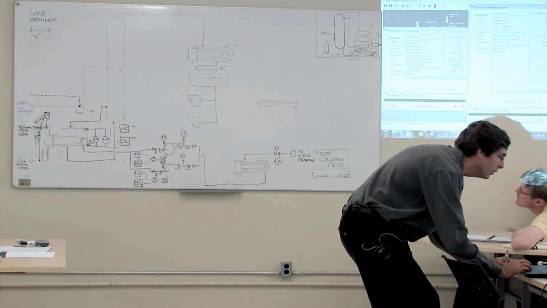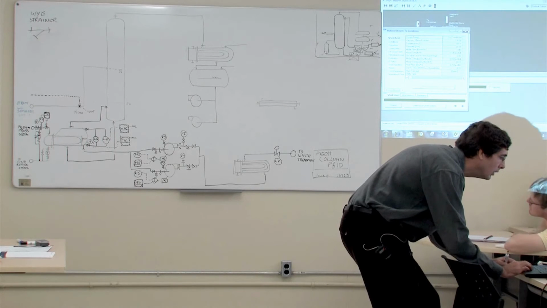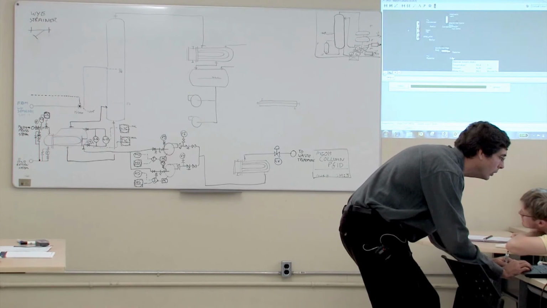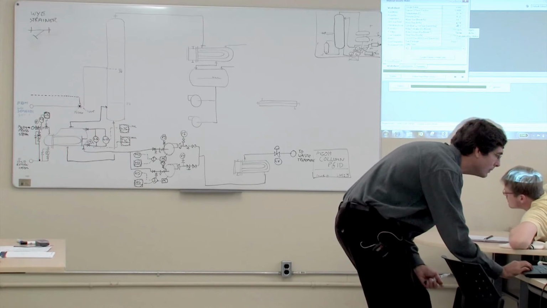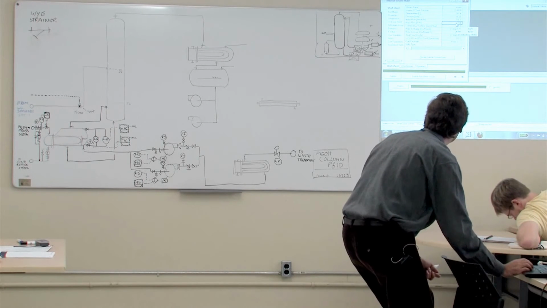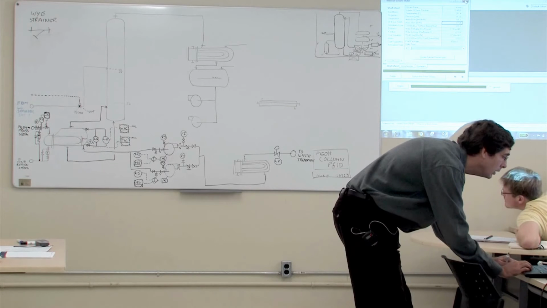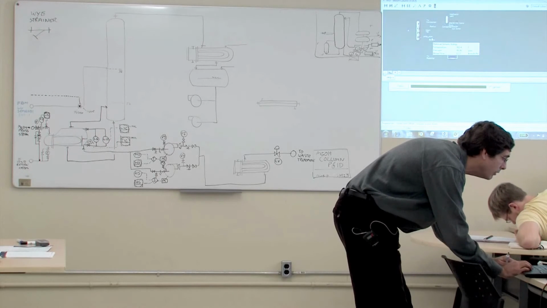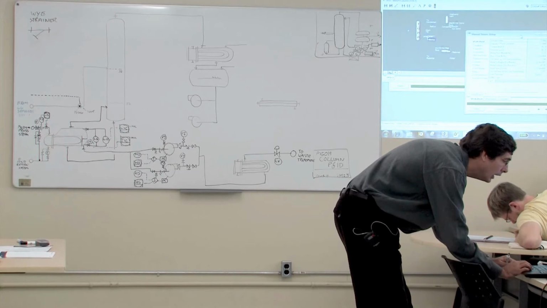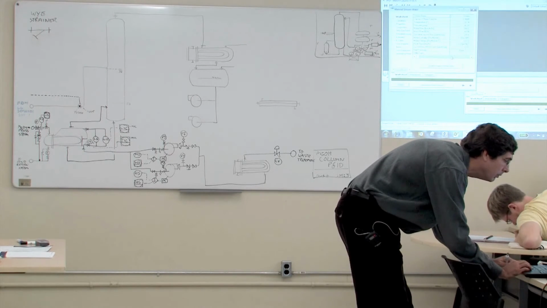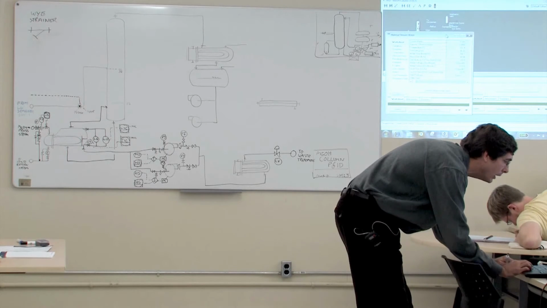Okay, my liquid flow rate out is about 5,000 pounds per hour, and my vapor boil up is about 20,000.